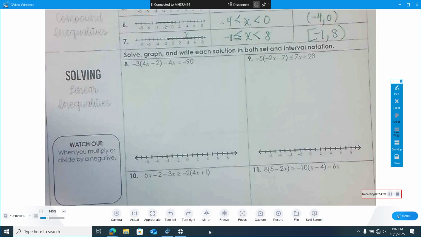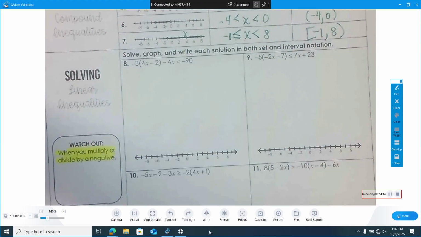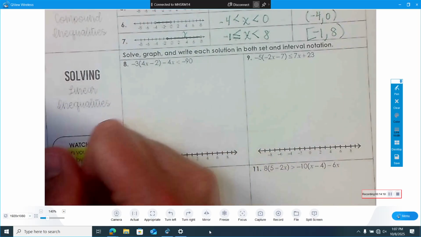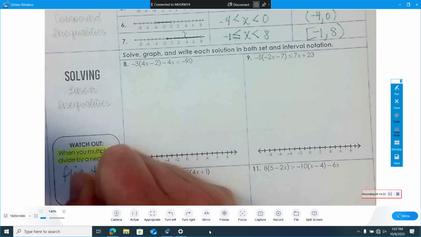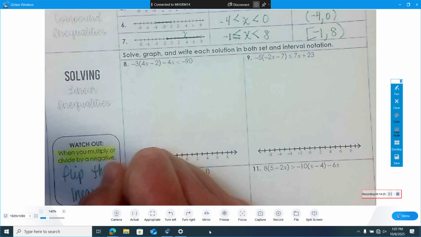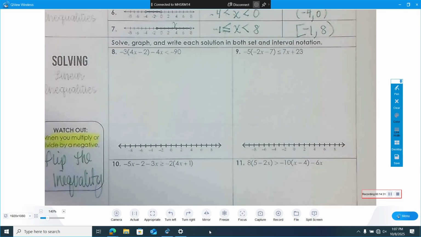When you multiply or divide by a negative, what do you have to do? Flip the inequality. Because you're negating it, you have to turn the symbol around so that it works right. So we do have to watch out for that a little bit.